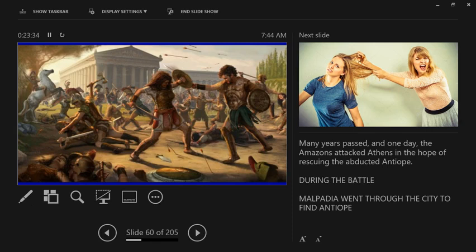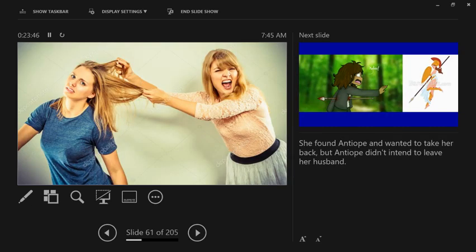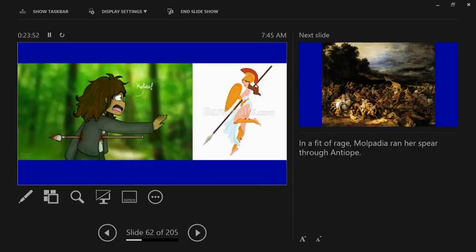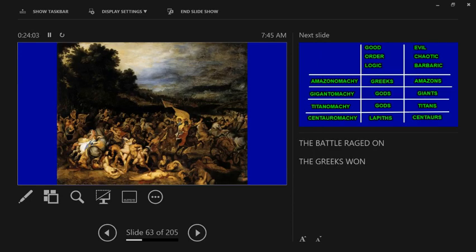They attack the Greeks at Athens in a mission to get Antiope back. So Antiope's sister finds her and tries to grab her, get her back, but she's not having it. So in a fight between the two, Malpadia, the sister, kills Antiope. And that, my friends, is the story of the Amazonomachy.